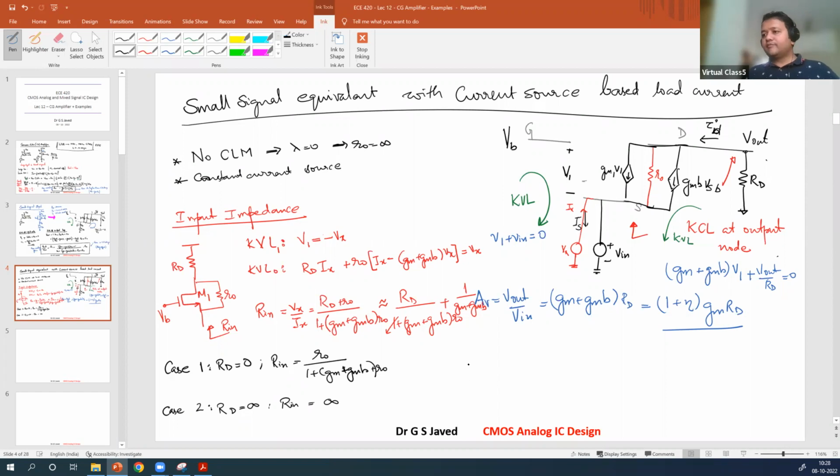So the Rin of the CG is low only if the load impedance, which is at the drain, is low. If you do any other ideal amplification, you will get Rin as infinity. So you need to carefully understand.